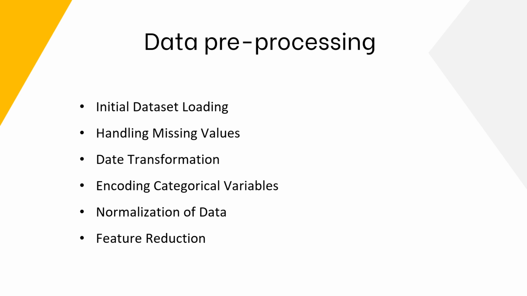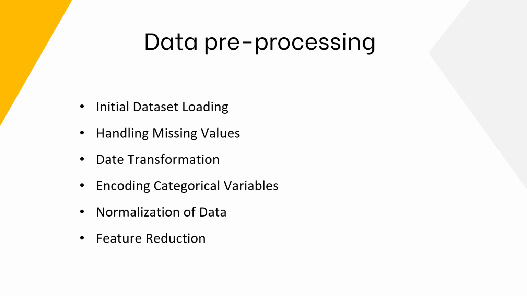Next, how we do the data processing. First of all, initial data set loading and handling missing values. If there are missing values, we fill them with null, unknown, or zeros, or whatever is related to the missing values.